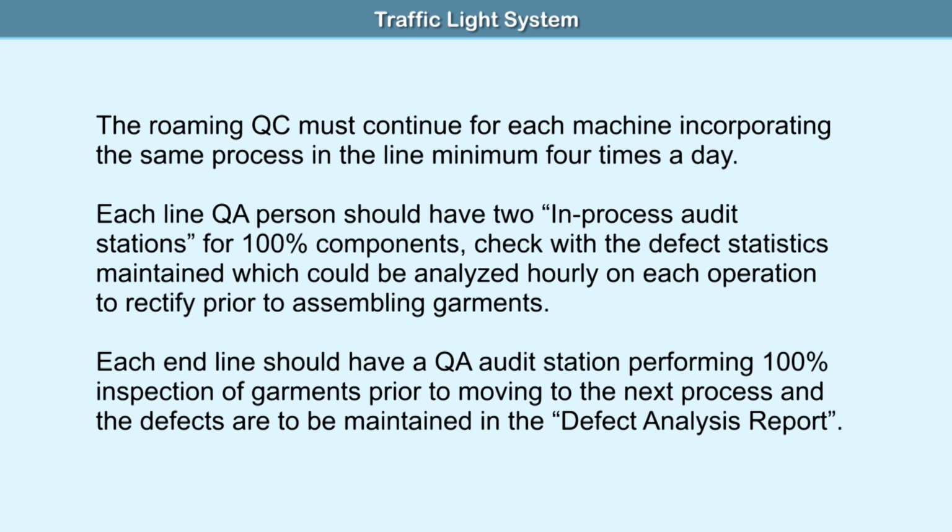Each end line should have a quality assurance audit station performing 100% inspection of garments prior to moving to the next process, and the defects to be maintained in the defect analysis report.